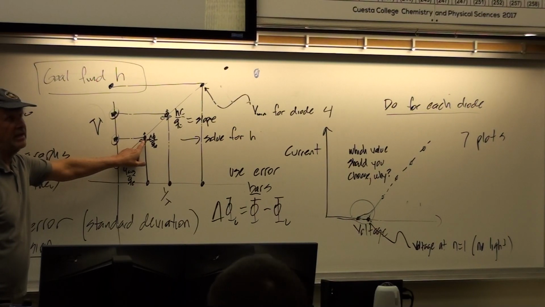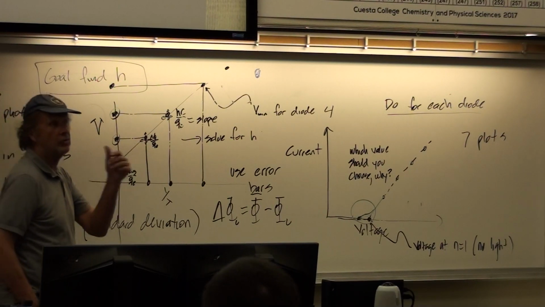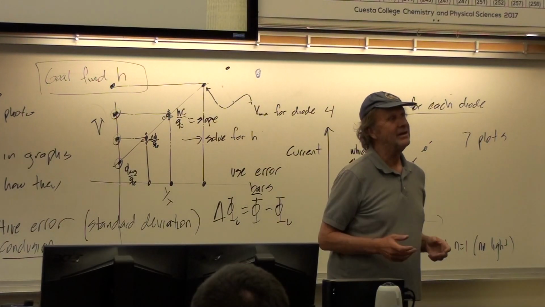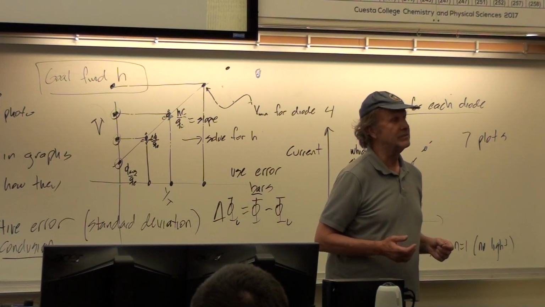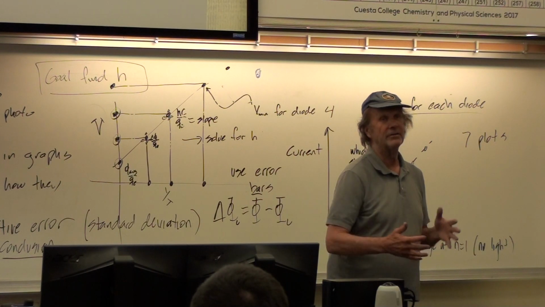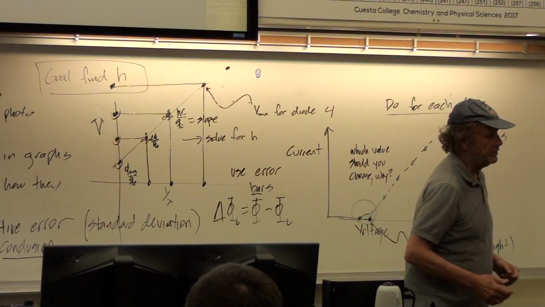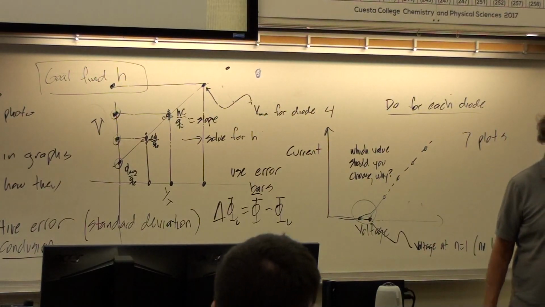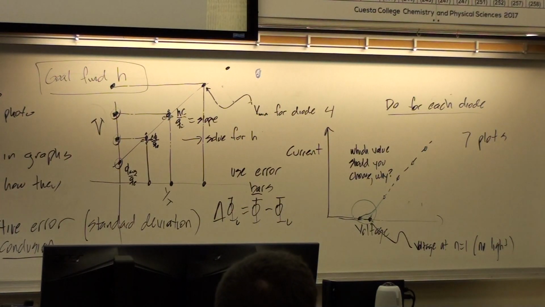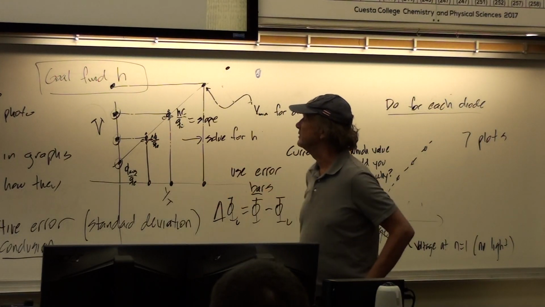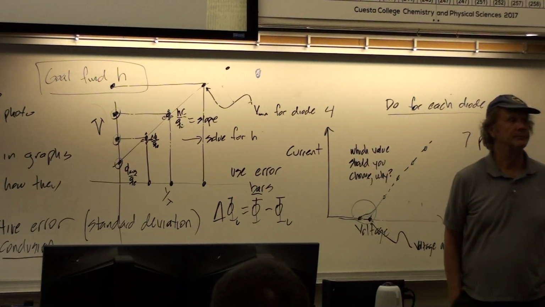If you want to just take one of your points, do a quick little calculation and see that you're getting something on the order of maybe 4 to 7 times 10 to the minus 34, then that'll show you that your units are correct before you get going with the rest of the analysis. But you wouldn't want to calculate Planck's constant just from one single measurement.